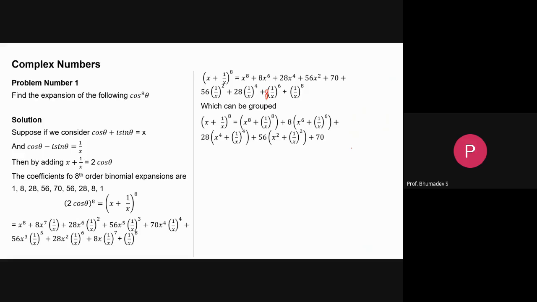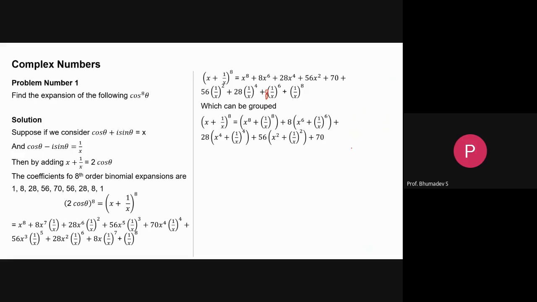For example, x to the power of 8 and 1 upon x to the power of 8 should be brought into one part. In the same way, x to the power of 6 and 1 upon x to the power of 6 should be written in one bracket because its coefficient 8 is common. Like that, we have to group the terms.